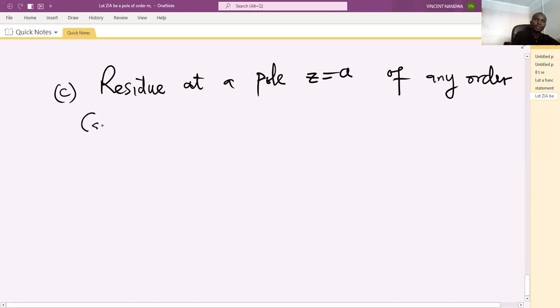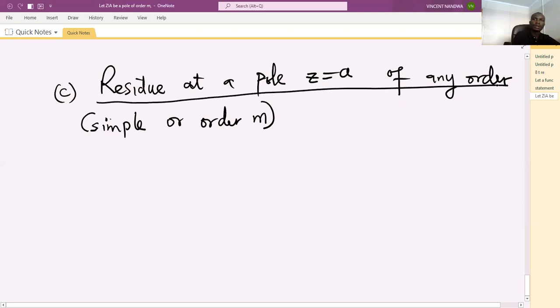So it may be simple, so simple are those poles of order 1, or order m. This is a general way of defining a pole of any order at the point z equals a.